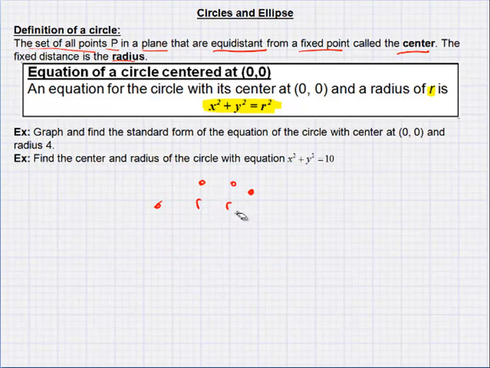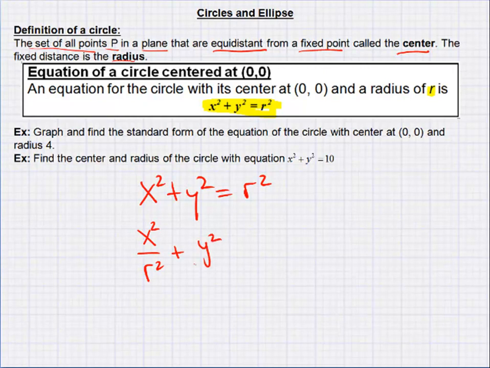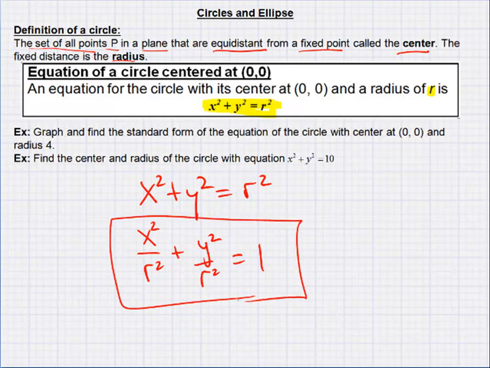So if I get rid of some of this, we can talk about this more. If you think about this equation, x squared plus y squared equals r squared, this is really the same thing as if I said x squared over r squared plus y squared over r squared equals 1. This is going to be important when we talk about ellipses, because this is essentially going to be the form of an ellipse.